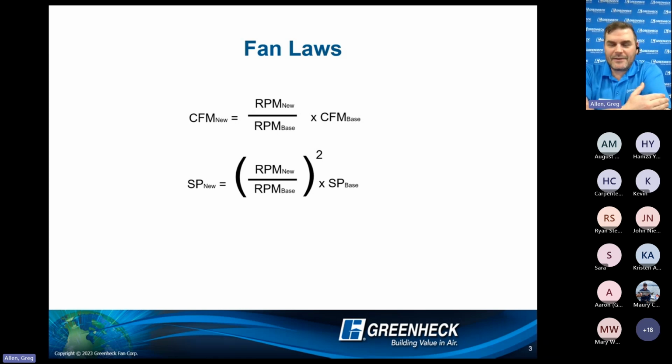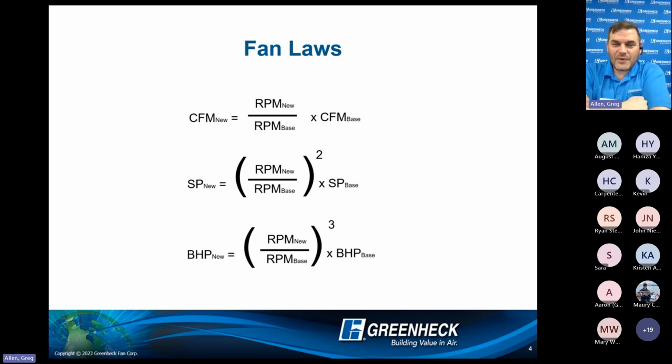So we're talking higher sound, and that leads us right into the third fan law, which I call the expensive fan law. That is telling us as you change RPM, the brake horsepower needed will change by the cube, right? So a simple 10% more CFM is going to require 33% more horsepower.